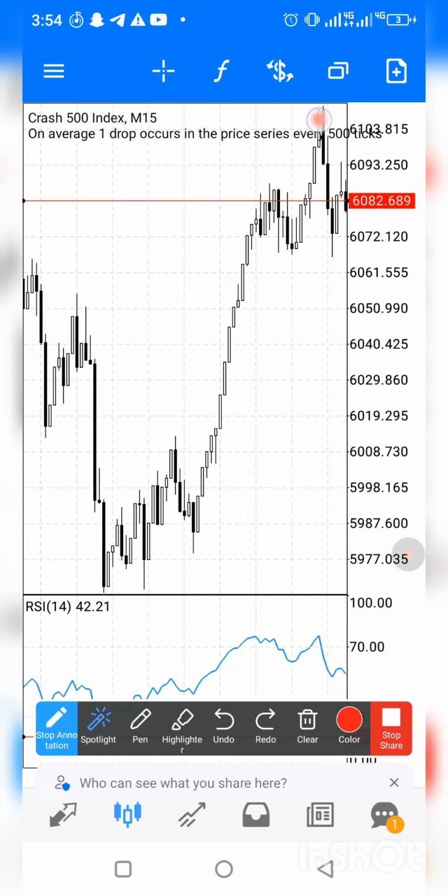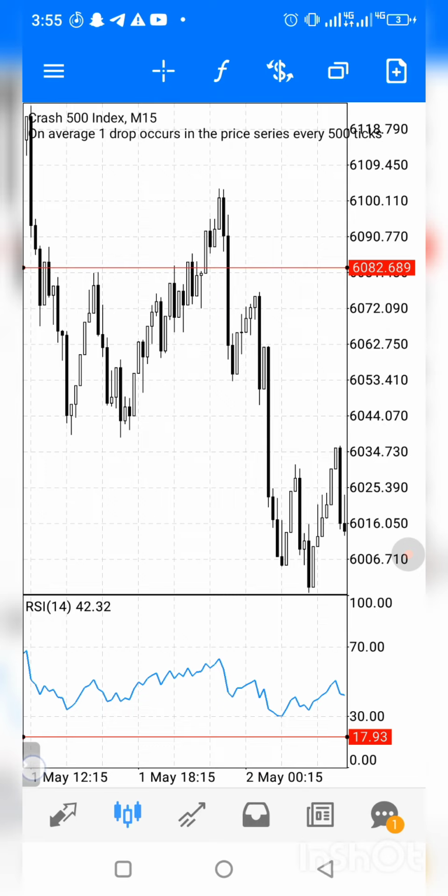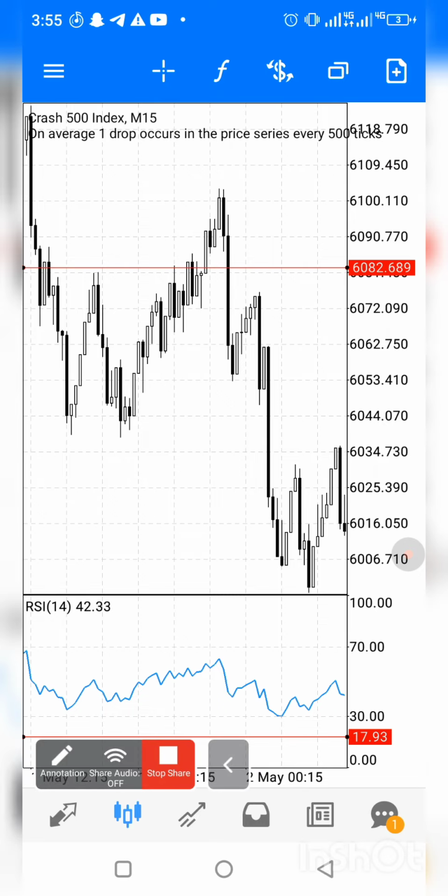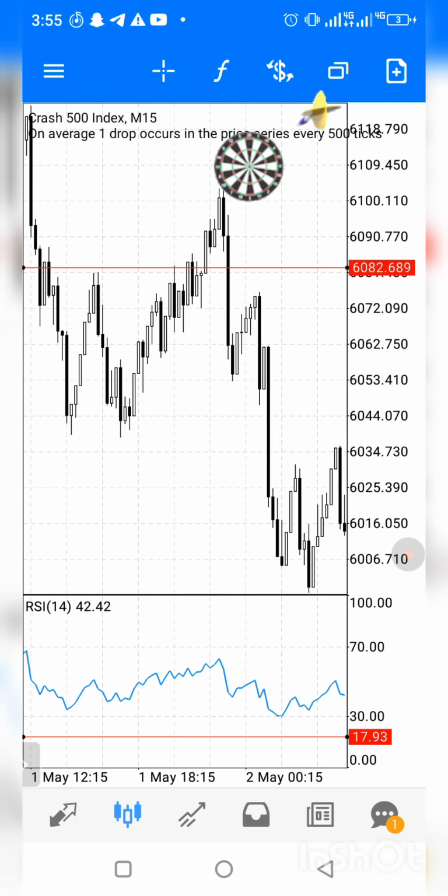On the Boom 500, remember, we trade supports, but on Crash 500 we are trading major resistance. But there's also something that is worthy of note for the Crash 500. On the Boom 500, very often it's what I always term the bull eye. Most times, immediately it hits the major resistance, it obeys it.